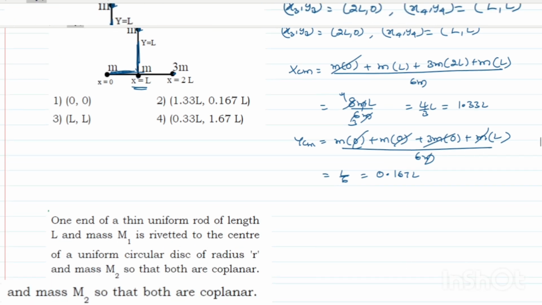So the correct answer is 1.33L and 0.167L.